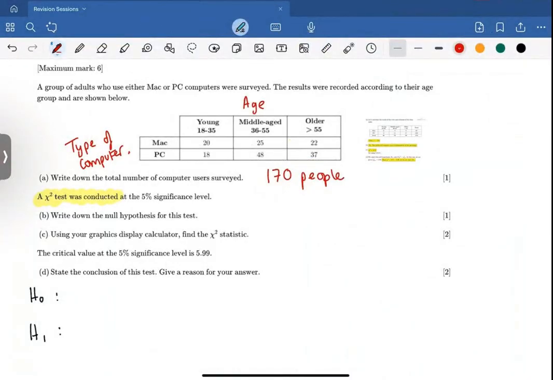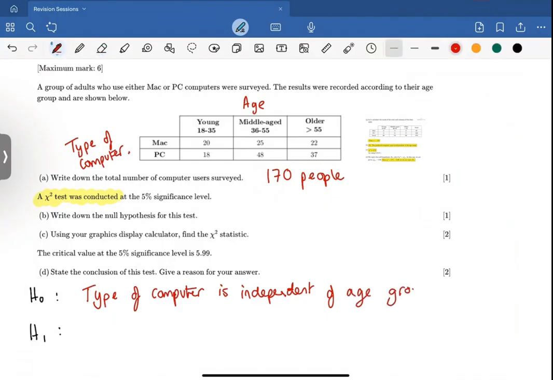Okay, so the null hypothesis. Now, I know this is only asking us for the null hypothesis, but I'm going to do both here. So the null hypothesis would be that the type of computer is independent of age group.